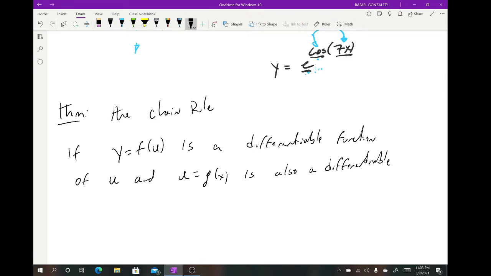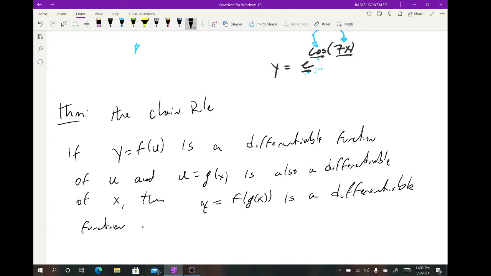Remember, differentiable just means that you could take the derivative, that the derivative exists. But g of x is clearly a function of x. Then the following composition, y equals f of g of x, is a differentiable function of x.